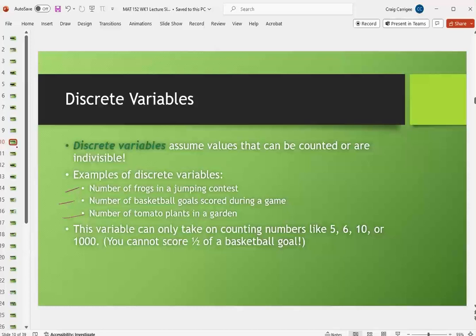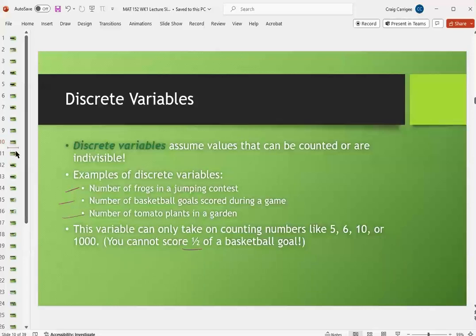But in all those cases, none of those things will have decimals. We can't have 0.5 frogs in a contest. We can't have 0.5 plants in a garden. Either we have one plant or we have 0 plants. And so these would be discrete variables. They're indivisible in terms that you can't represent them with decimals. And these are things that only take on counting numbers. And you can't score half of a basketball goal.